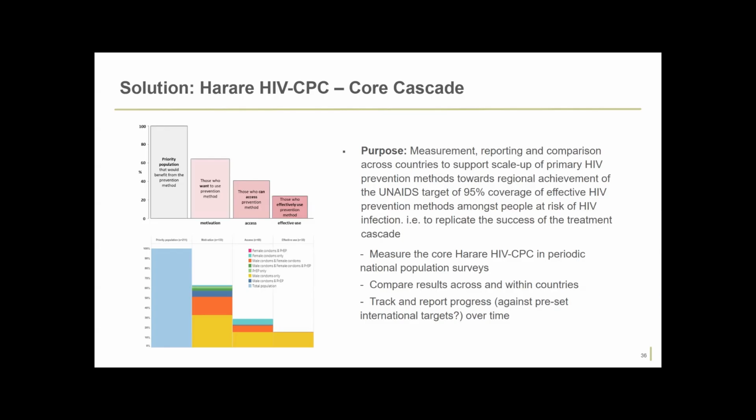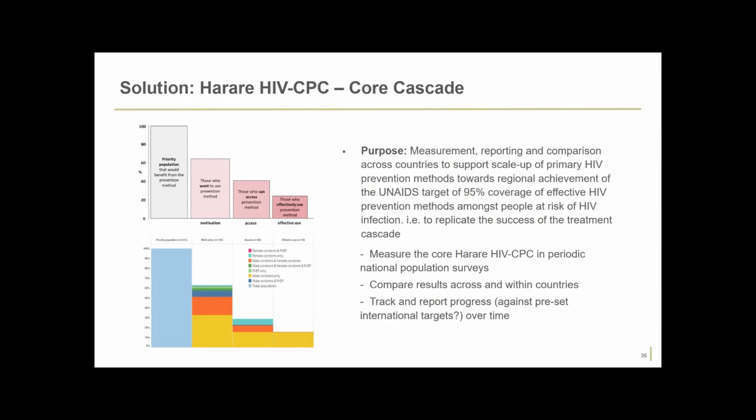The second bar tells us how many people want to use that particular prevention method. Then the third bar says, out of those that are motivated to use that prevention method, how many are able to access it? Then last, out of those that can access, how many effectively use that particular HIV prevention method? The bars below subdivide these.